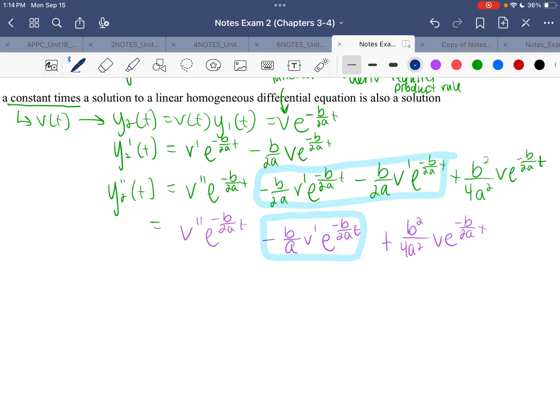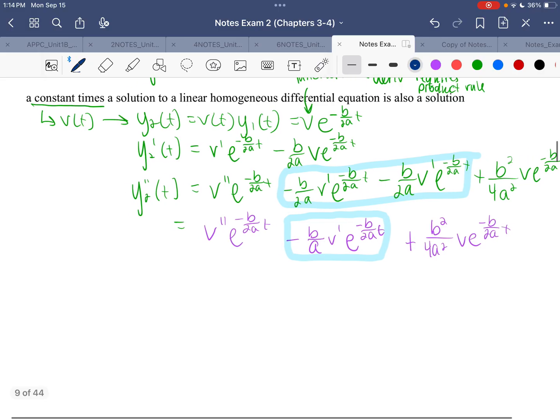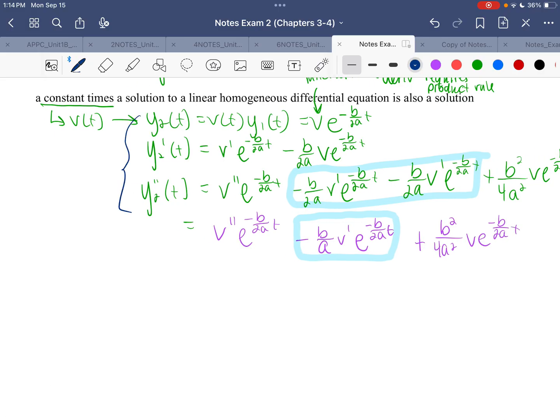Try to think about taking the derivative yourself. And we're taking these 3 and we're substituting into the original differential equation.